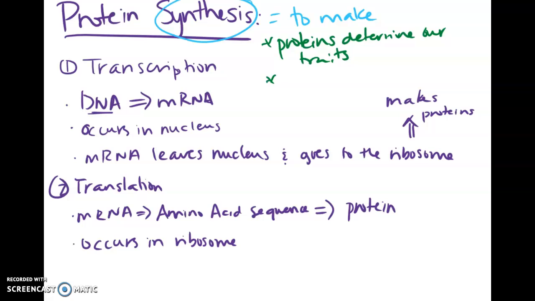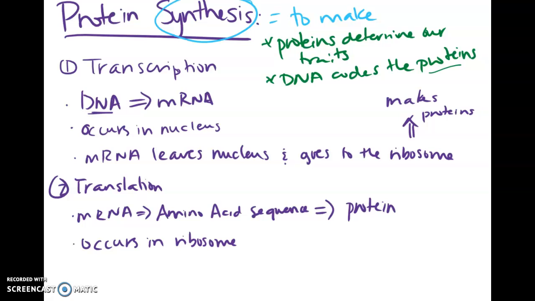And then our DNA codes for those proteins, which is why we say that DNA is in charge of our genetic information, and is in charge of really every function and characteristic and trait that we have in our bodies, because they code for these proteins, and those proteins are what determines our traits.